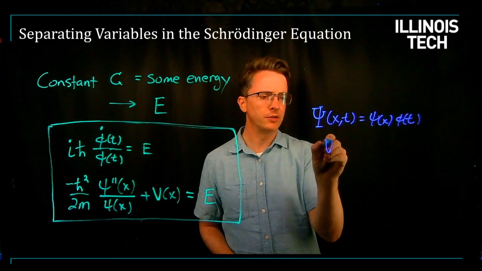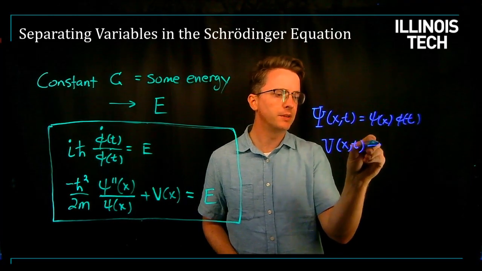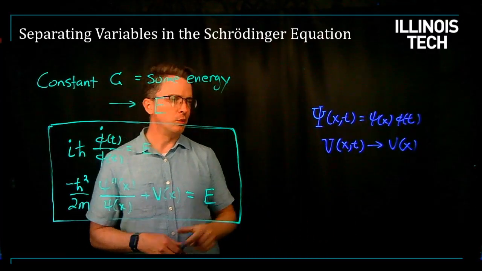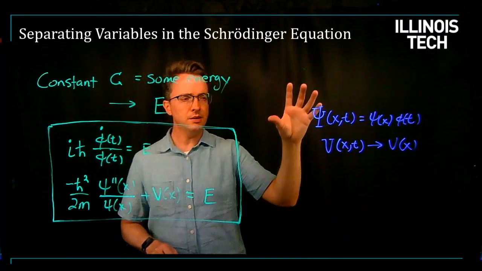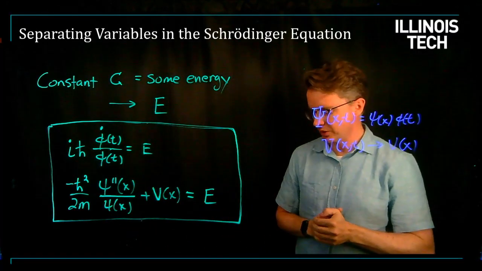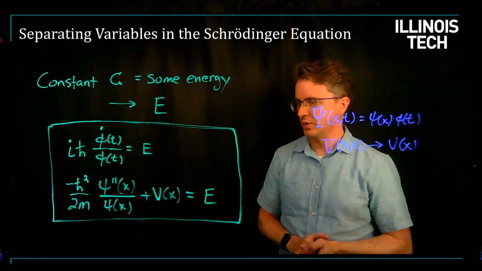That's called separation of variables. We also assumed that V of x and t only depends on x. And with those assumptions, we plugged them back in. We did this argument about separation of variables. We got two ordinary differential equations. And to make further progress, we have to start solving those ordinary differential equations.